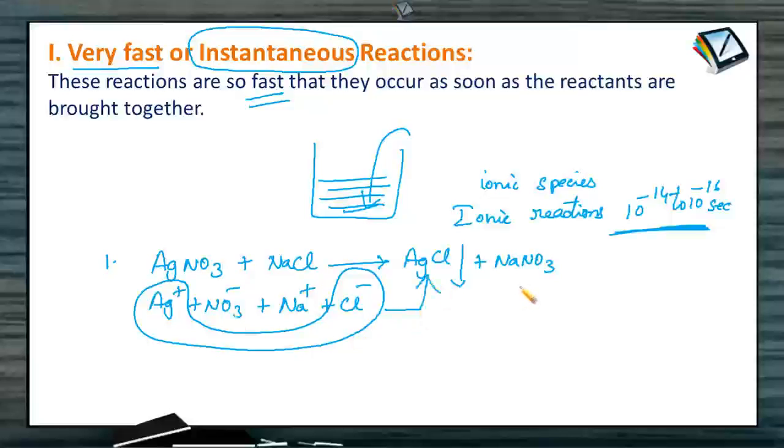We can take the other example like the neutralization of an acid with a base when their aqueous solutions are mixed. The best example, hydrochloric acid whenever mixed with sodium hydroxide, results in the formation of sodium chloride and water. So these are some of the reactions which we call instantaneous reactions.